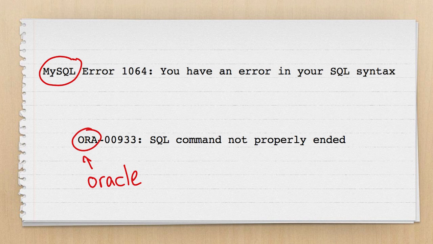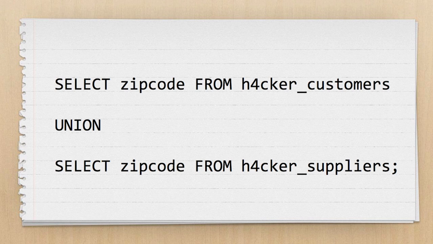Now, I mentioned that there are union exploitation techniques for SQL injection, and a SQL union operator is used to combine the results of two or more select statements, right? So in this example, I'm using a union operator, and I'm doing a select zip code from some hacker customers table, and then I'm doing a union to combine it with another select statement from hacker suppliers, right?